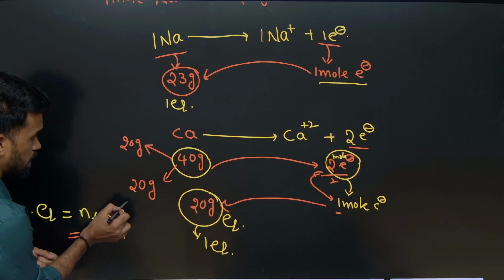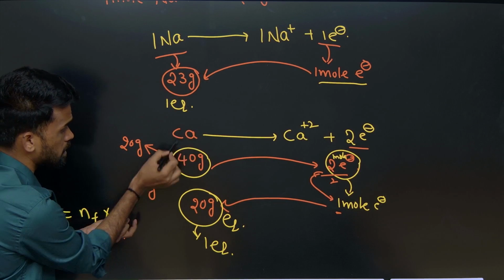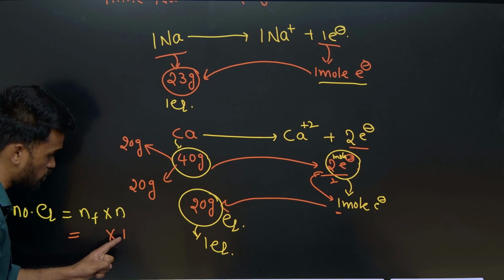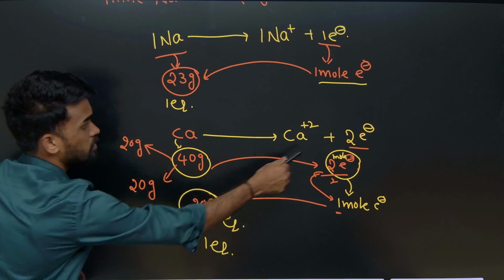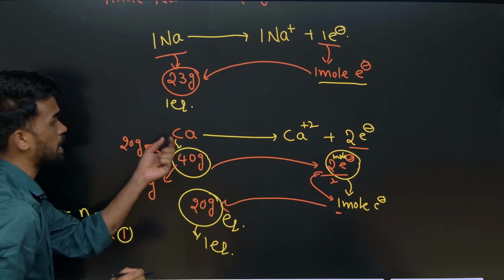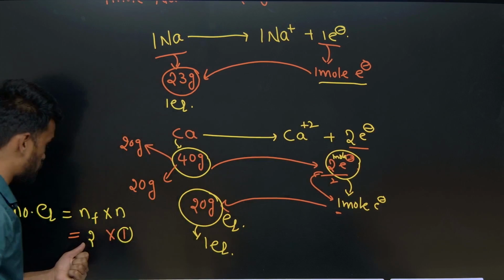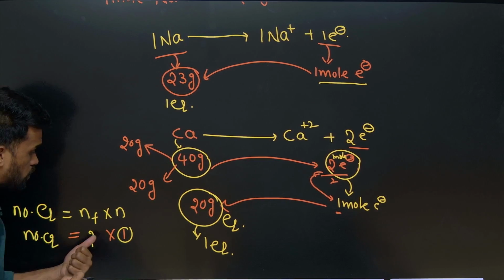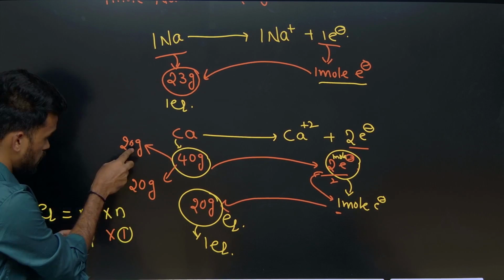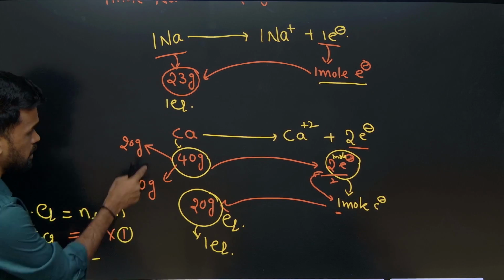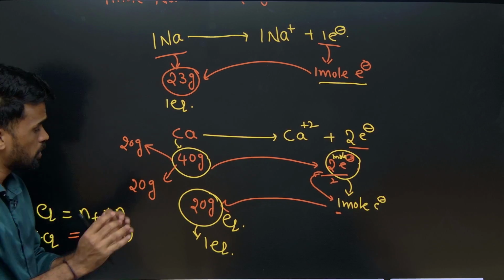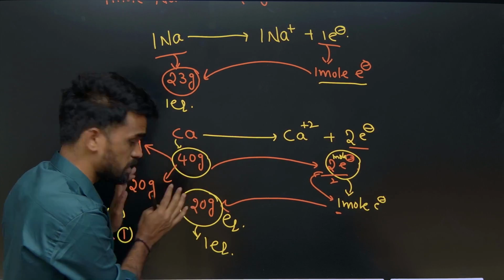If I take 1 mole of calcium, that is 40 grams, and multiply it with 2, because 2 electrons are released, number of equivalents equals 2 into 1, so the number of equivalents is 2. That is nothing but 20 and 20. These are the 2 equivalents. I hope this is clear from this explanation.